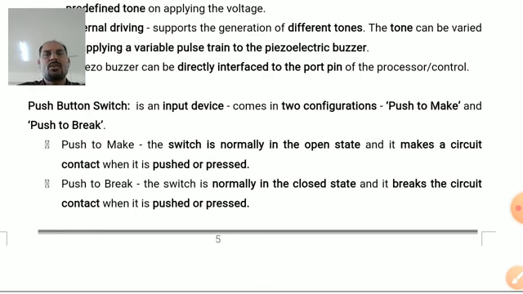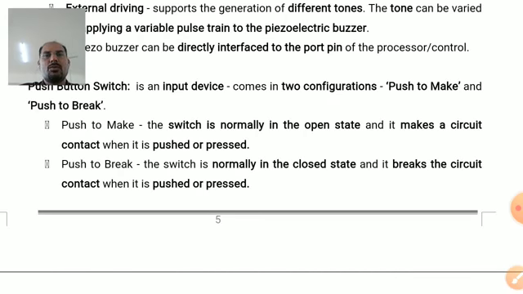Next is the push button switch. It is an input device that comes in two configurations: push to make and push to break. In push to make configuration, the switch is normally in the open state, and when the push button is pressed, it makes a circuit contact.